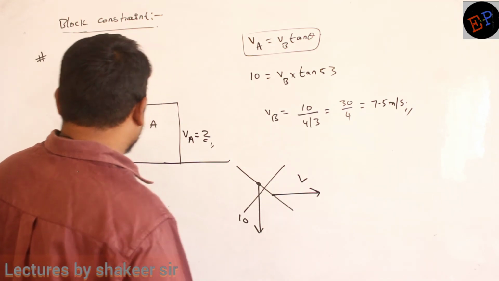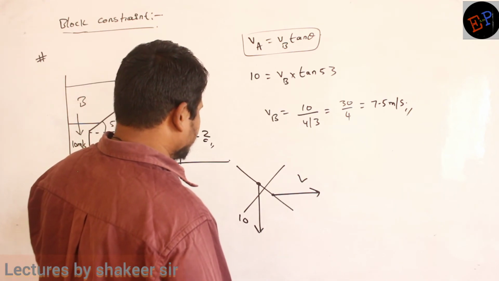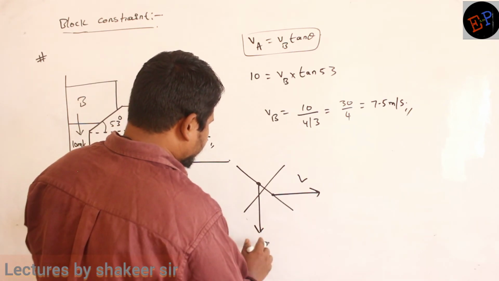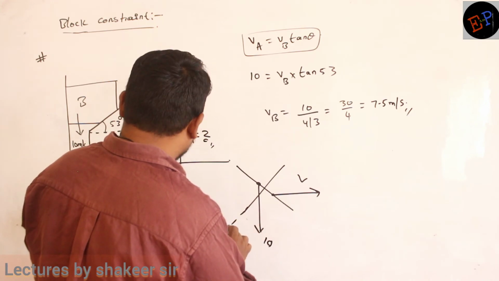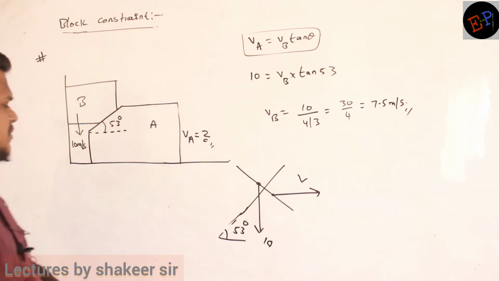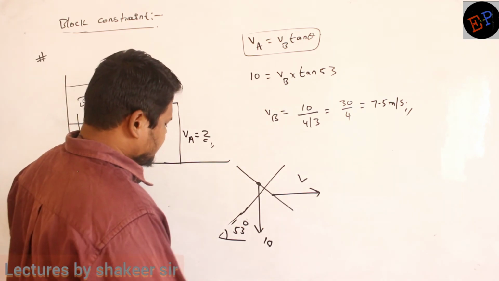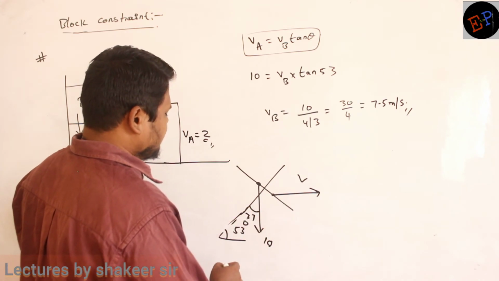So which angle is given as 53 degrees here? This angle is given as 53. Clear, no? This angle is given as 53 degrees. Clear, no? So if this is 53, this angle is 90 and this angle is 37. Clear, no?